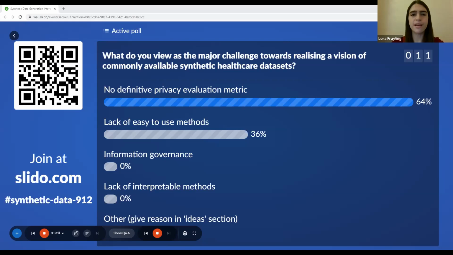So if I understand the question correctly, you're saying that when you're using the synthetic data, you might find certain patterns, and you're asking whether it's possible to validate that against the original data? Kind of.